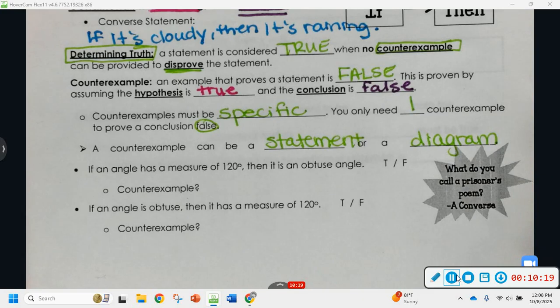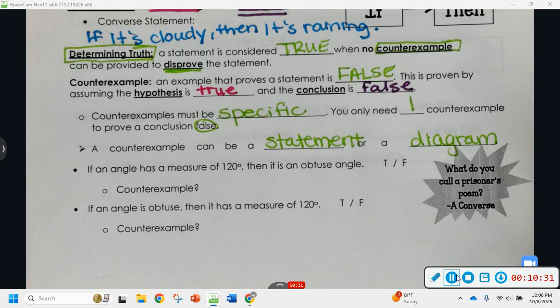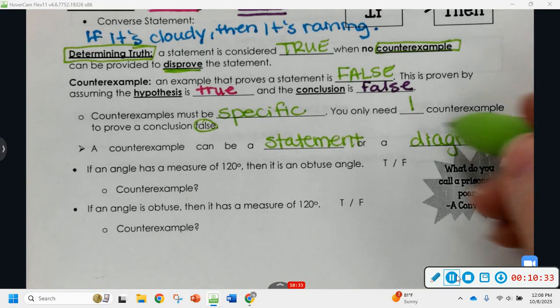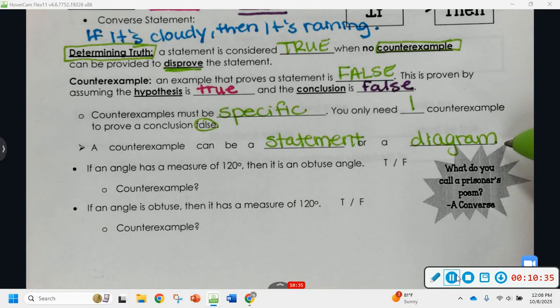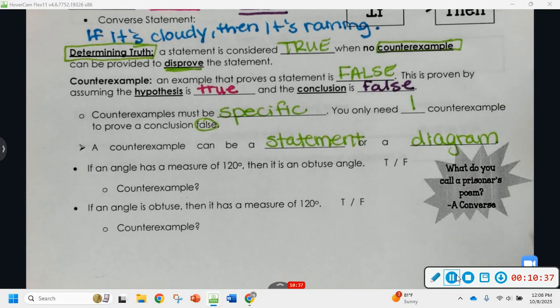So if I said all acute angles are 85 degrees, you could draw an example of an angle that's 45 degrees and say, you know, here's a picture of an angle that is not that, so on and so forth.